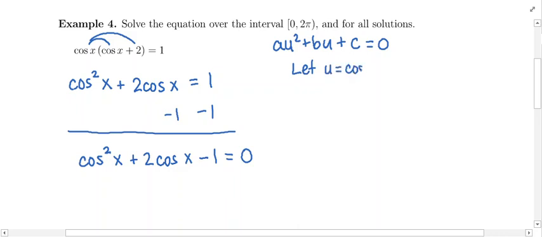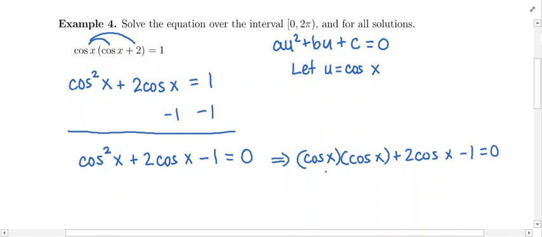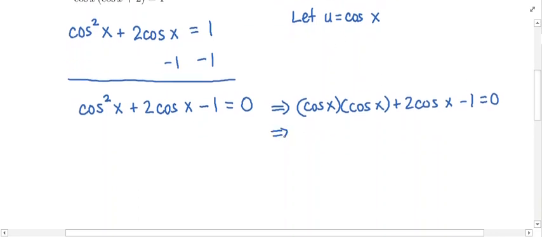If u is equal to the cosine of x, we know that this statement can be translated as cosine x times cosine x plus 2 cosine of x minus 1 equals 0. So if you let u be the cosine of x, we can rewrite this as u squared plus 2u minus 1 equals 0. That looks a little more comforting because the trig part is out.